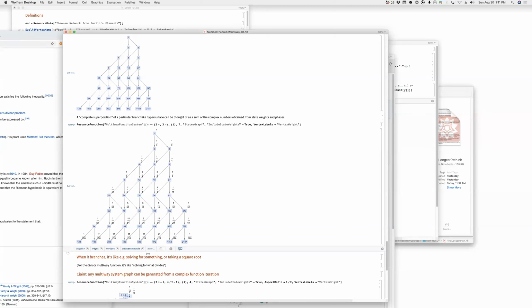And so in this grid here, those are just binomial coefficients, right? Is that right? The weights here. Yeah, probably. Okay.